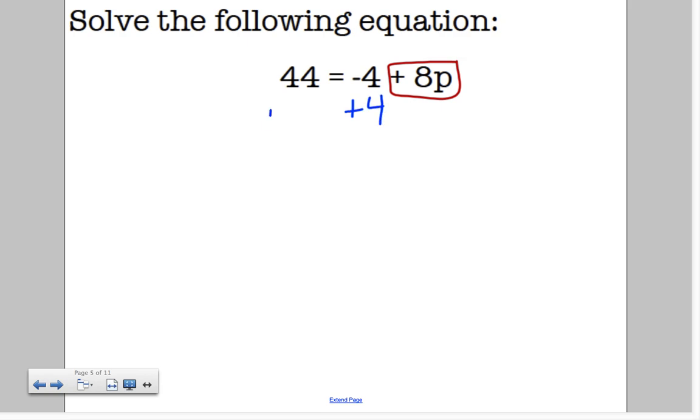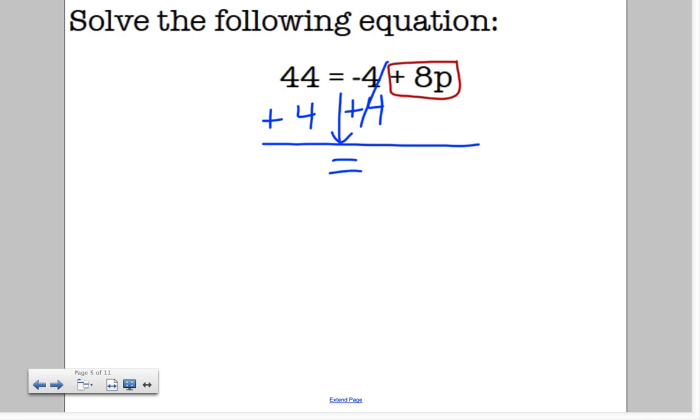The reason why I box also, guys, is that sooner or later, you're going to have more than one variable term. I use boxes as a visual to help you understand the process. Sooner or later, you're not going to have to box anymore, but for right now, just box for visual purposes, and maybe it'll help you along. So we're going to get rid of that negative 4.